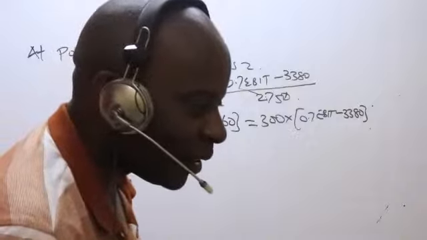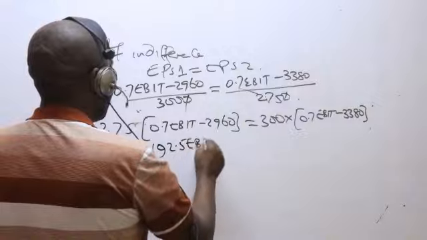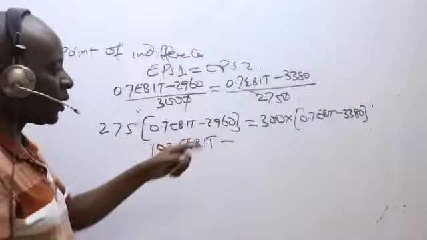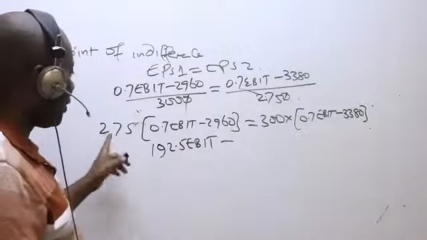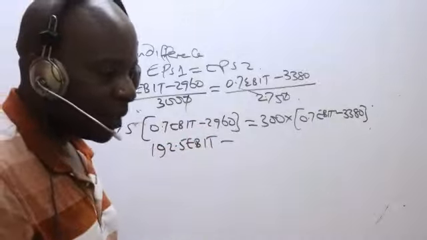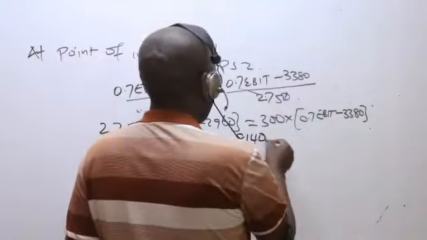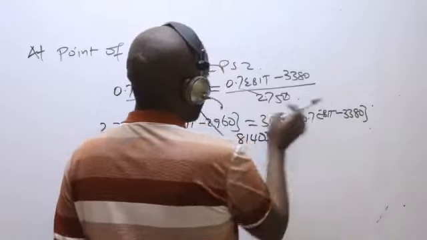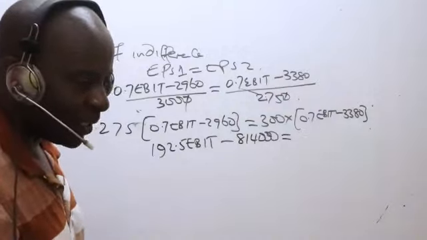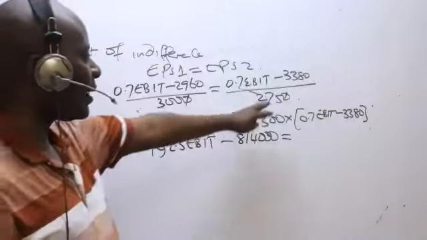So we have 192.5 EBIT minus, this has to be a huge figure, 275 times 2960, which gives 814,000. Then 300 times 0.7 gives 210. Remember, I decided to cancel the zero.